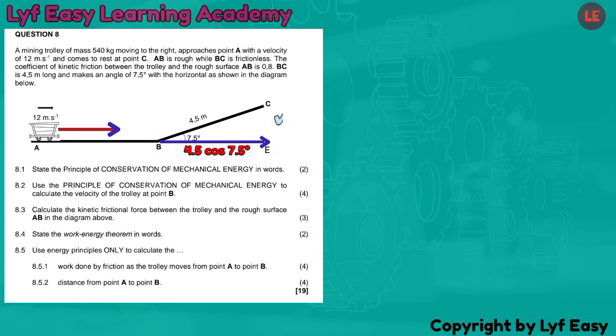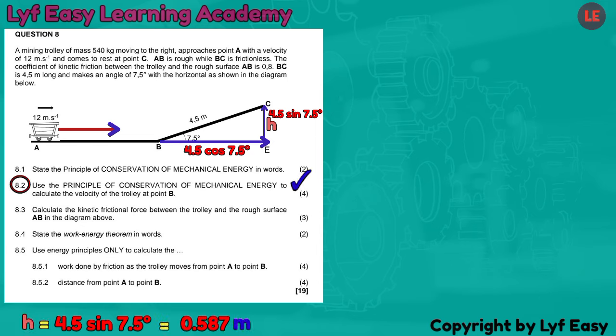Then we introduce the vertical component, the line from point E to point C, and remember this is the height we are looking for. The value of this height will help us throughout our calculations wherever it's necessary. This vertical component is 4.5 sin 7.5 degrees, which we equate with h for the height.